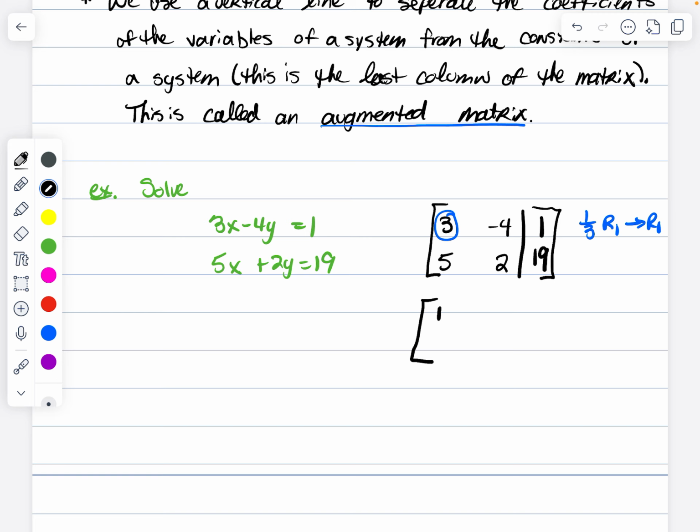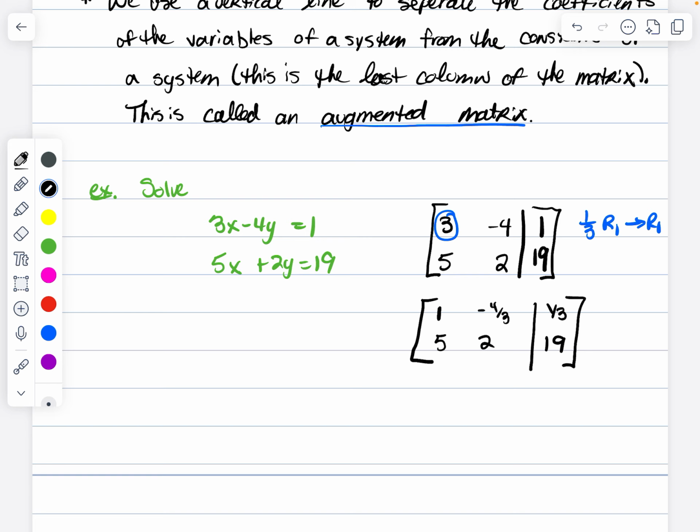Then 1/3 of -4 gives us -4/3, and 1/3 of 1 gives us 1/3. Then we just write what we already have for the second equation.